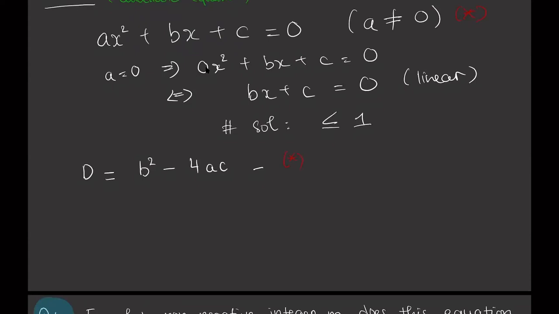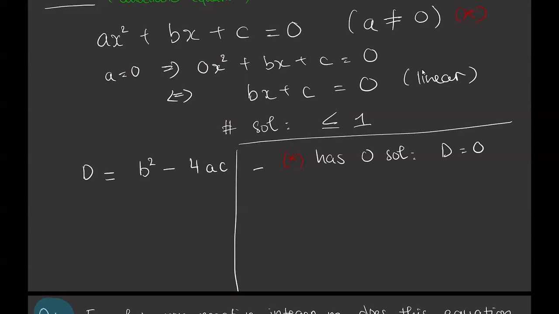So if the star has 0 solutions, then what should the discriminant be? Anyone knows? Yes, it is less than 0.